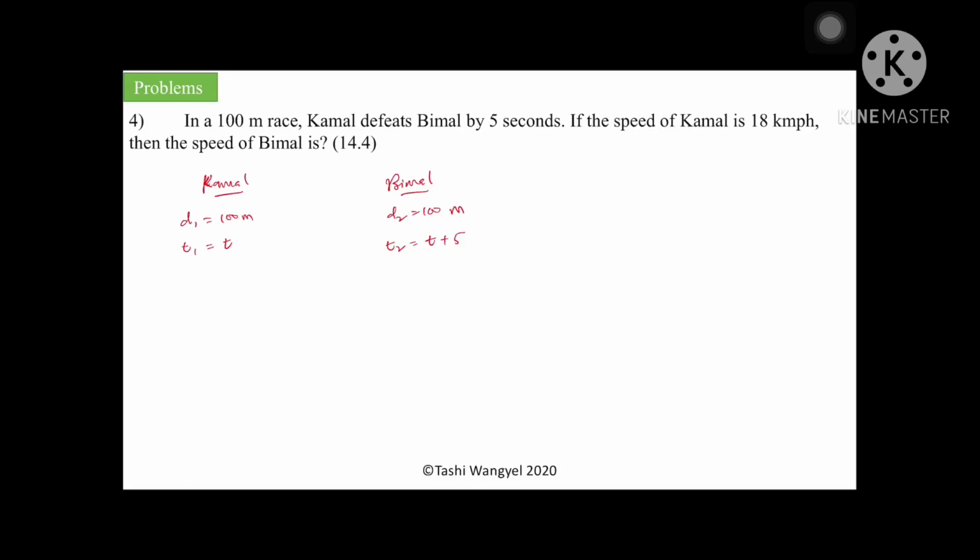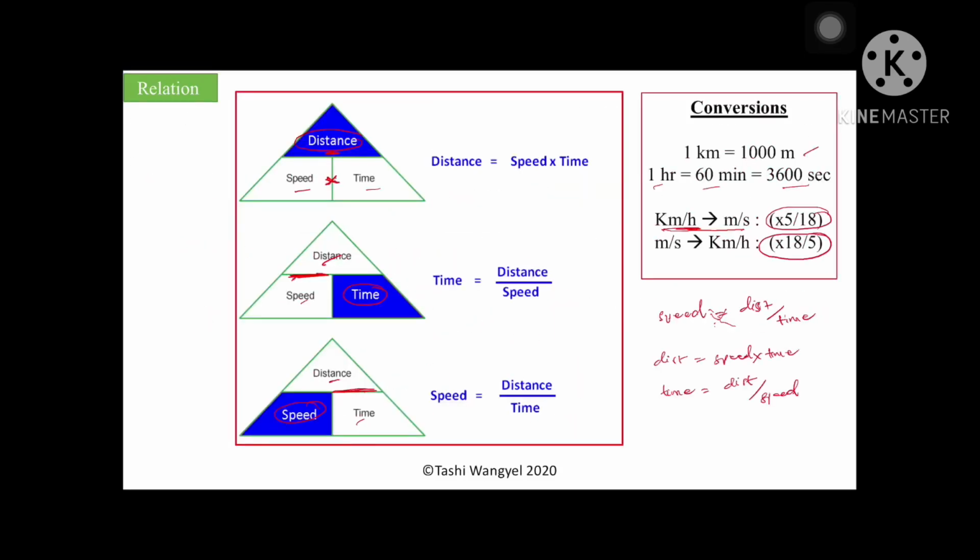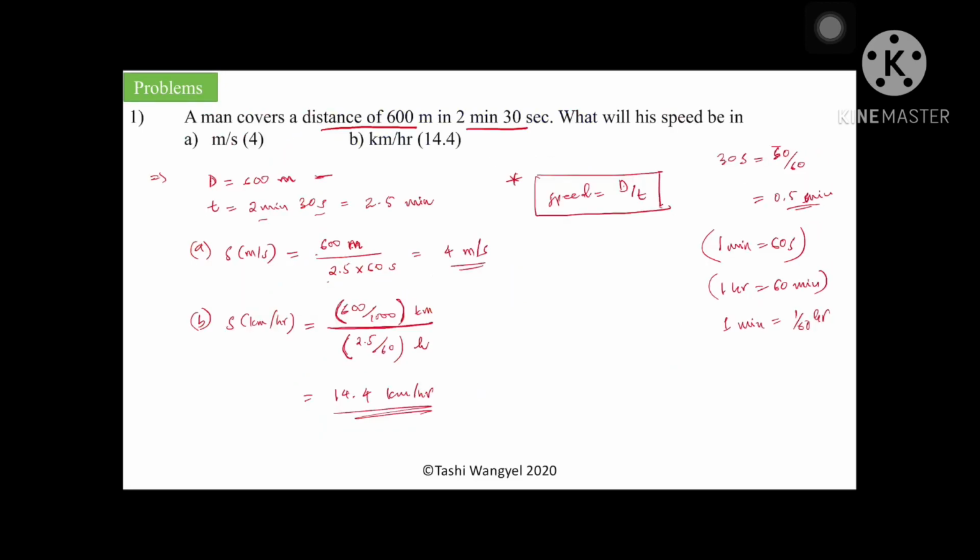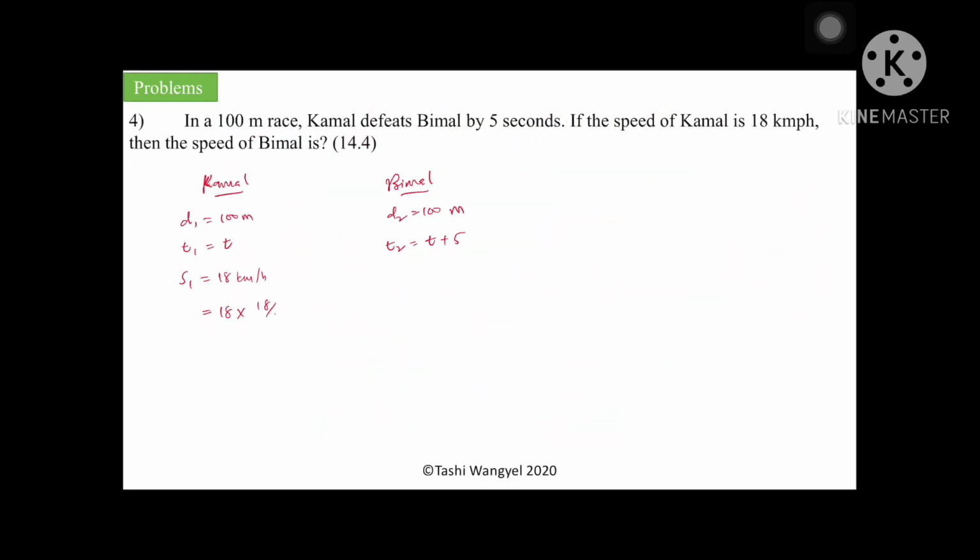Now the speed of Kamal is 18 km per hour. Convert 18 km per hour to meter per second: multiply 18 into 5 by 18, so 18 cancels and the speed is 5 meter per second.